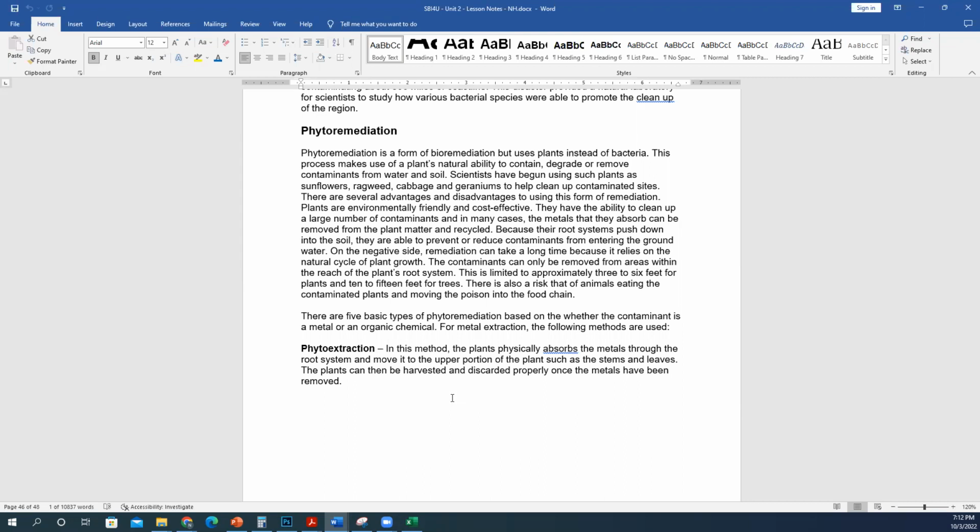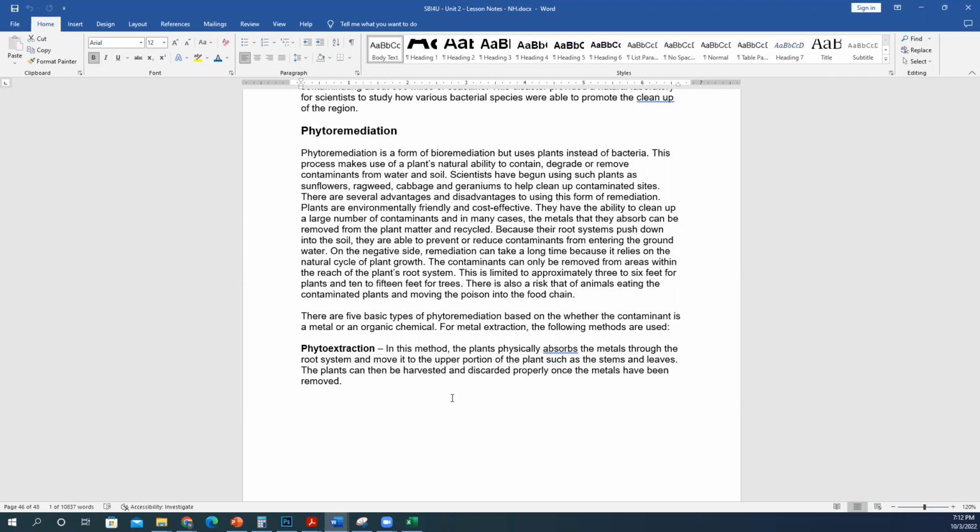And in phytoremediation, again, there are different types, and they are characterized based on whether the contaminant is a metal or an organic chemical.